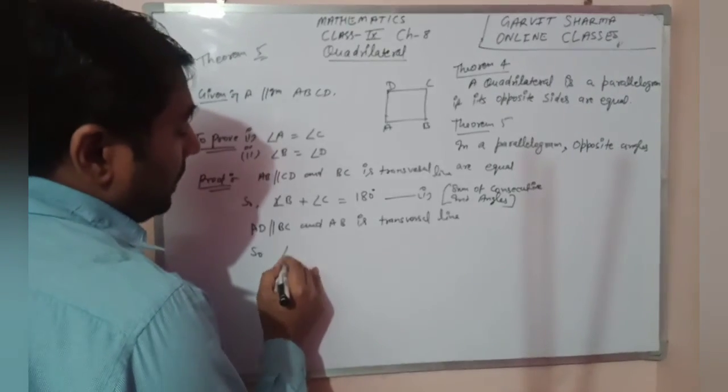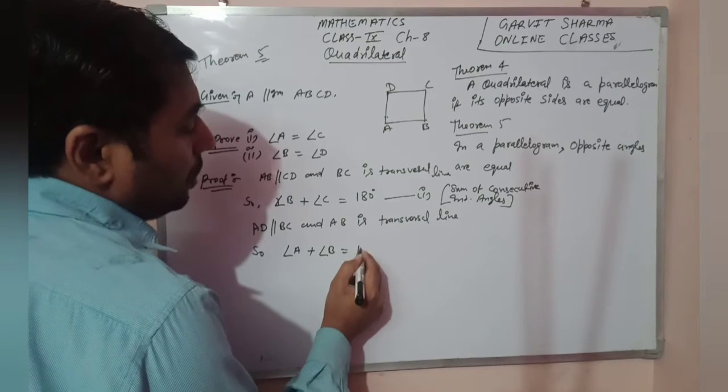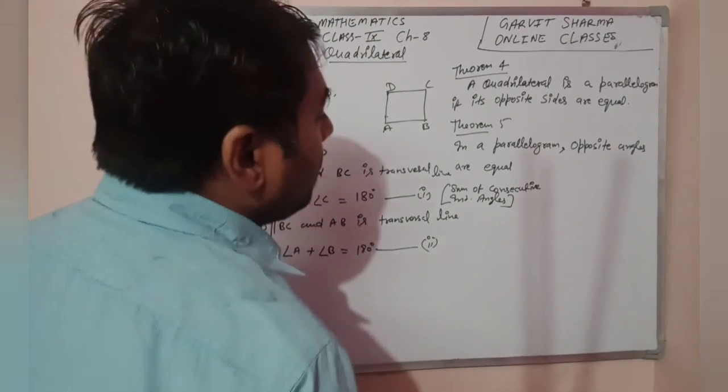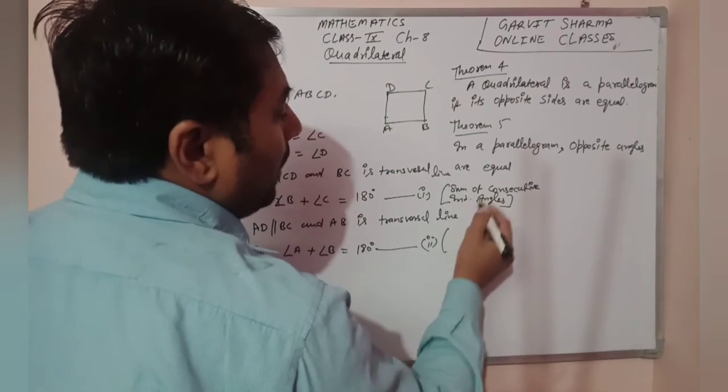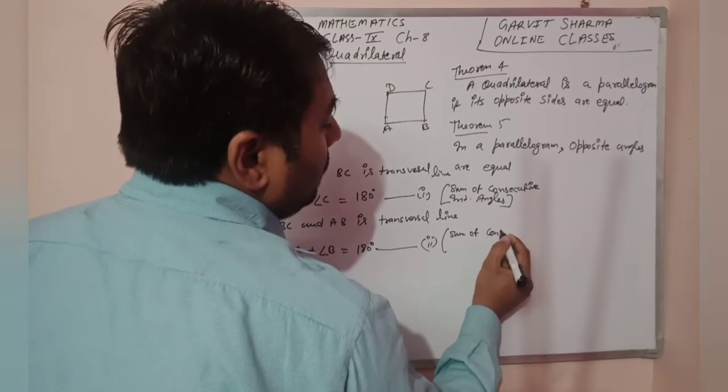Angle A plus angle B is equal to 180 degrees. This is the second equation, and you will write the same statement, sum of consecutive interior angles.